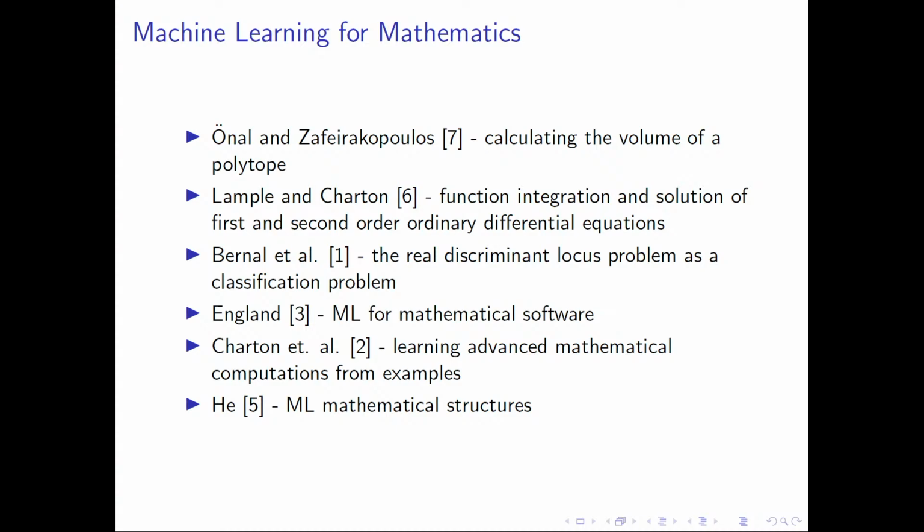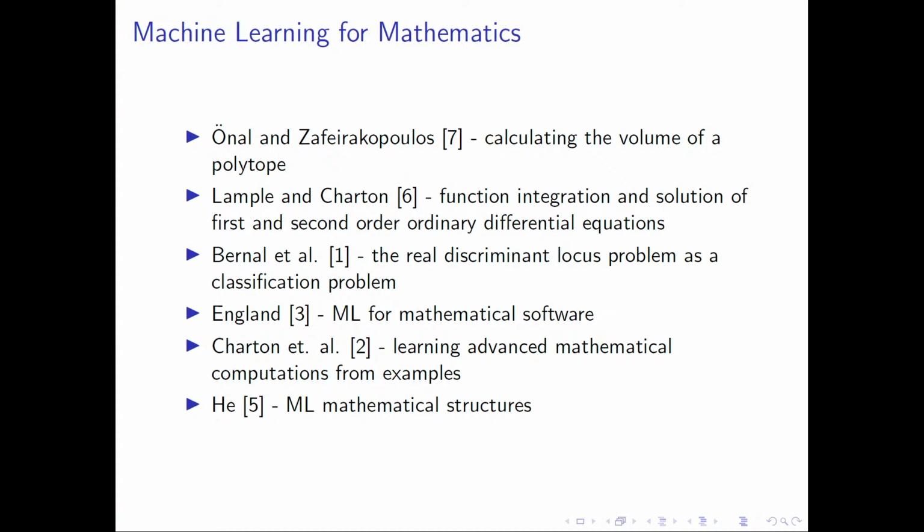And in addition, their success is not always very high, sometimes they achieve really high success. For example, here we have 6 different examples. Önal and Zafeirakopoulos try to calculate the volume of a polytope, or try to compare the volume of polytopes in their studies.